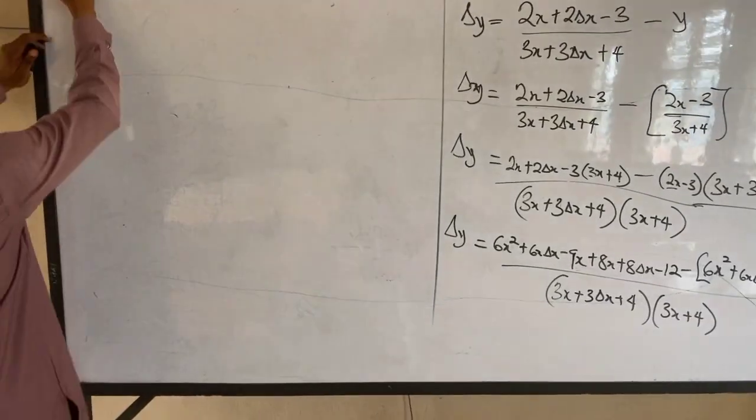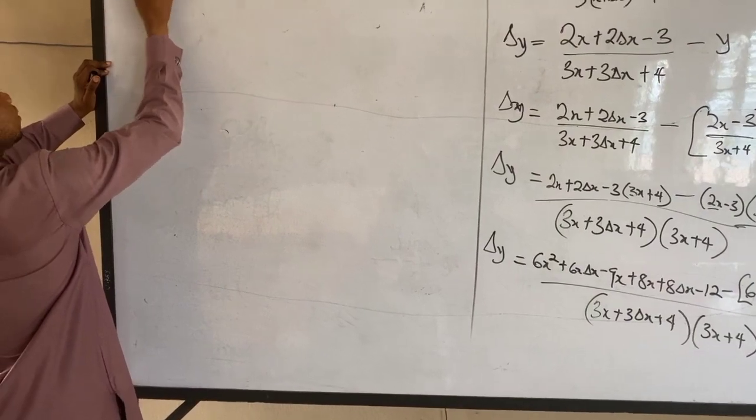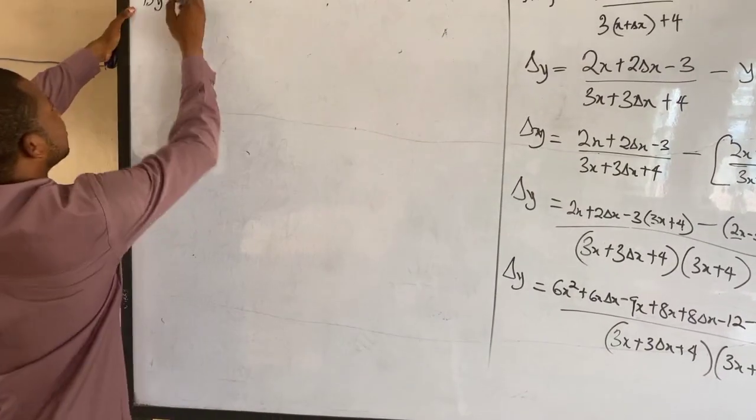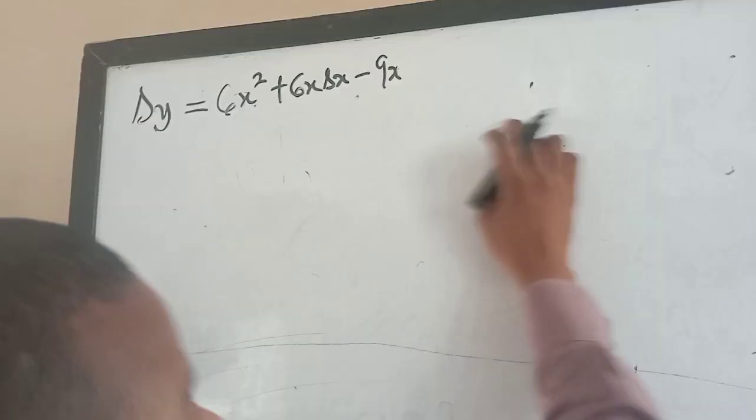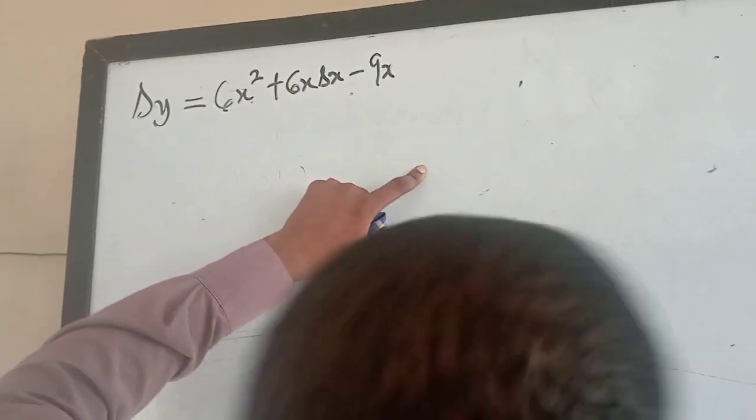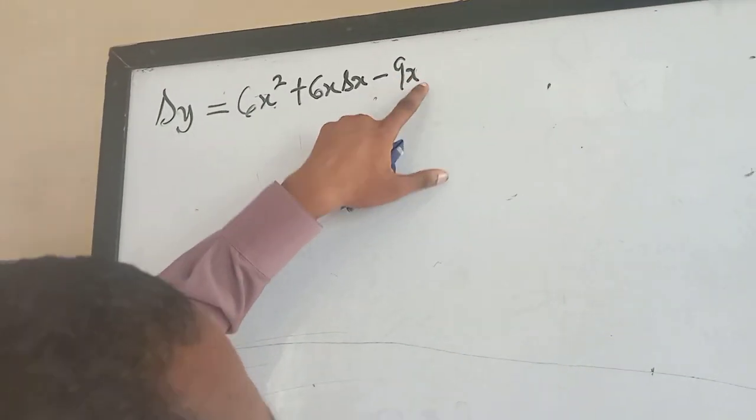So I'm having change in y giving me 6x. So here we already have minus 9x.